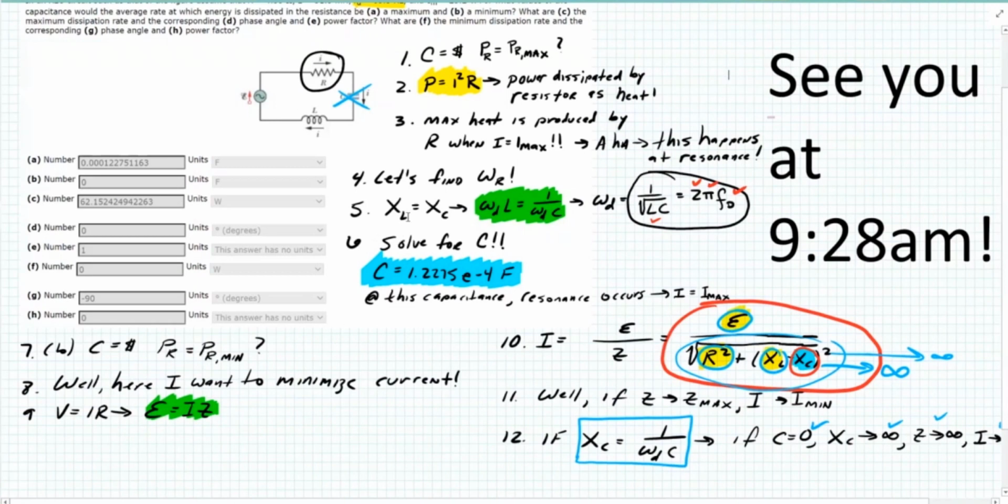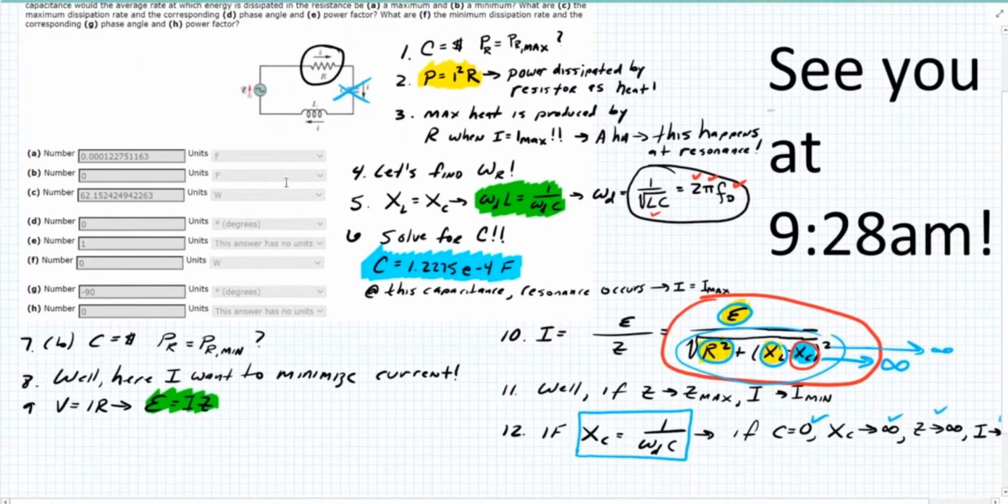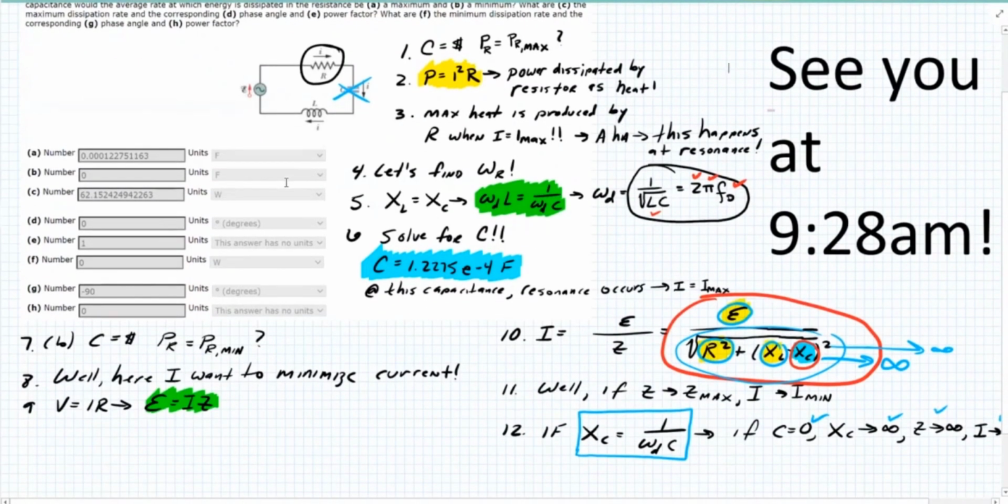That's part A. Part B, yes. Part C says, what are the maximum dissipation rate and the corresponding phase angle and power factor? All good stuff. Let me clear the decks. I think I can clear the decks. Can I?